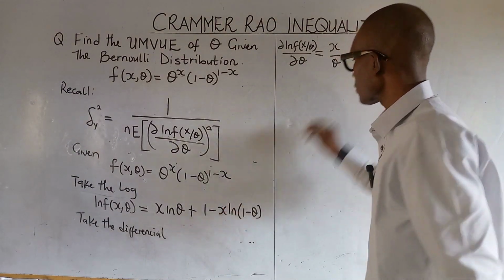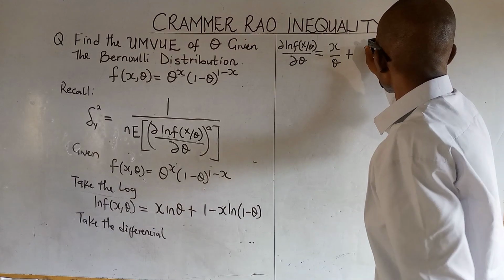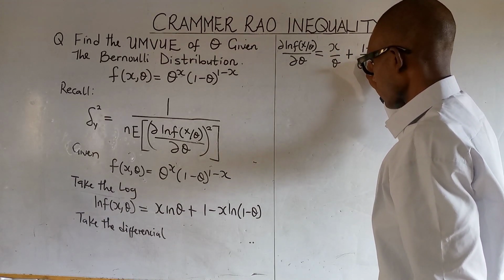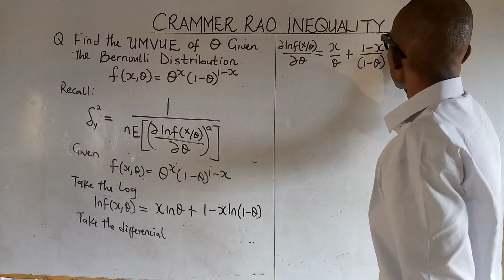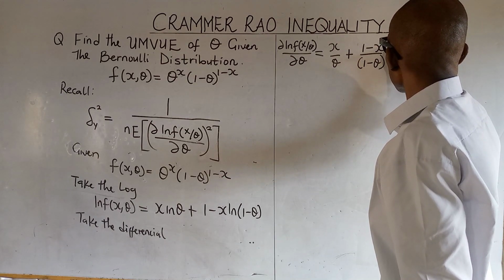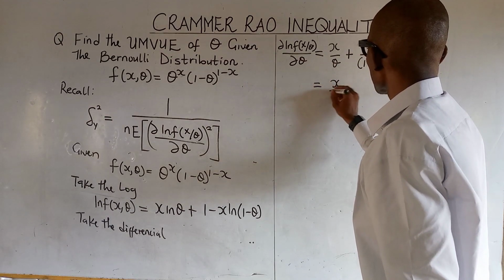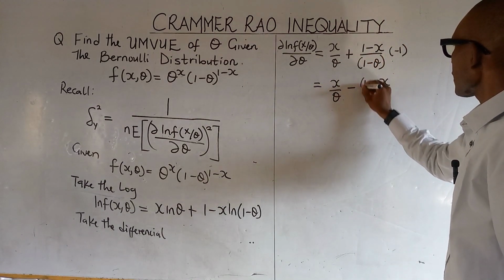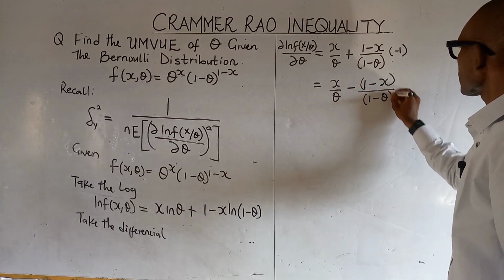If we differentiate this, we get plus (1 - x) over (1 - theta). Since we are differentiating with respect to theta, it will be multiplied by minus 1. So we will have x over theta minus (1 - x) over (1 - theta).